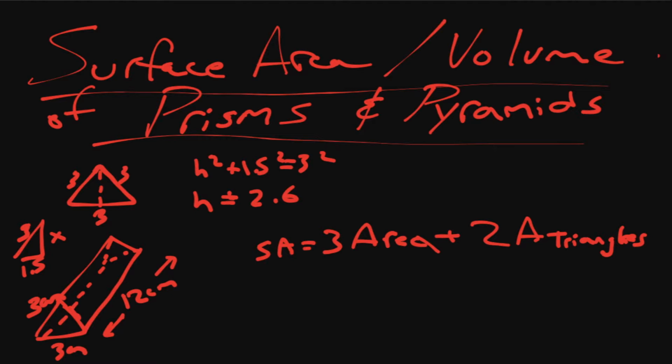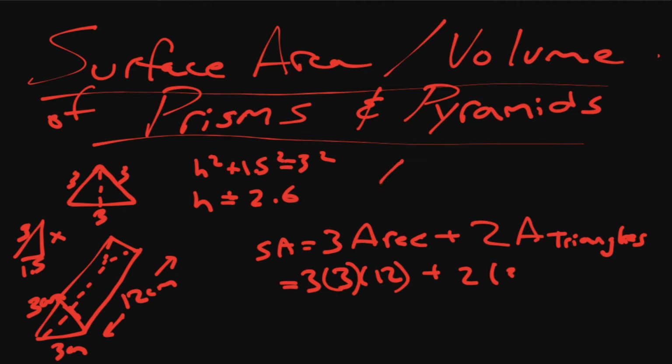So now we're left with the area of the rectangle. We know that 3 times 12 is the area of the thing, and we have 3 of them. And then we have 2 triangles. So 2 times, let's say, the base times height.